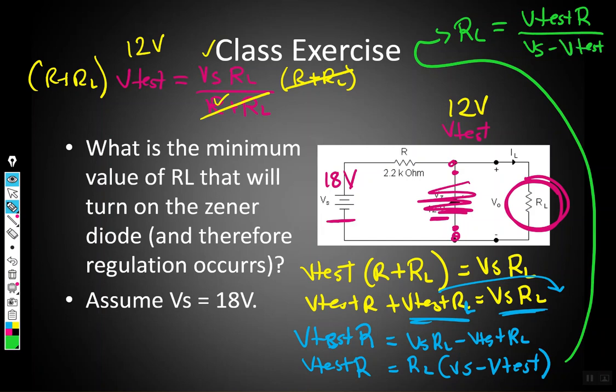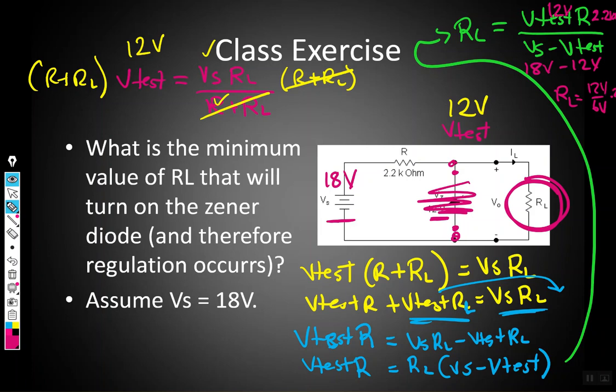Okay, so at this point I put my values in. My value of VTest is 12. My value of R is 2.2 kilo ohms. VS is 18 volts minus 12 volts. So what I end up with is that RL is 12 volts over 6 volts times 2.2 kilo ohms.